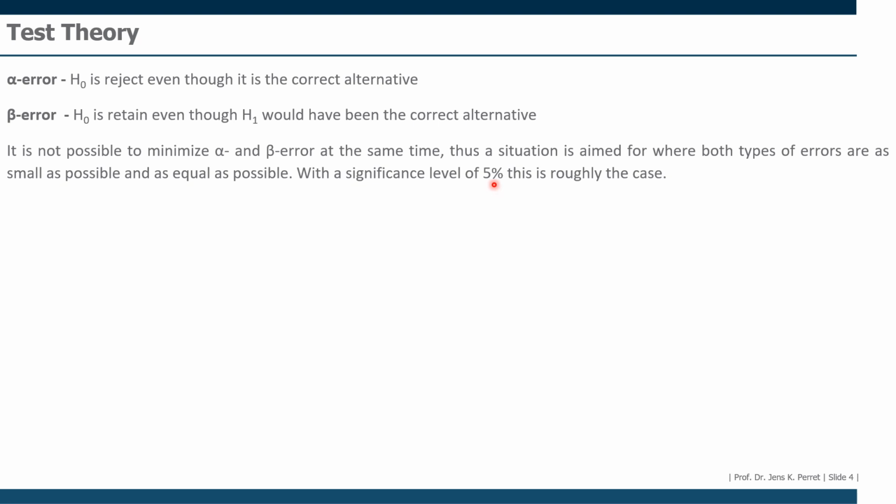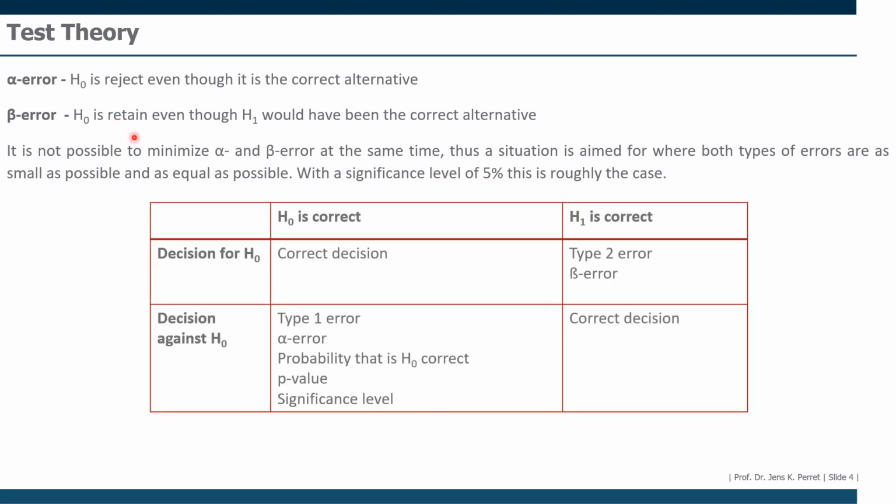And well, should the alpha error then be smaller than 5%, so even if it's very much smaller than 5%, that's not a tragic situation. But it should be at most 5% because then it works out well. We could also determine other values, names, denominations for the different types of errors.